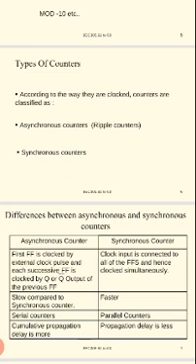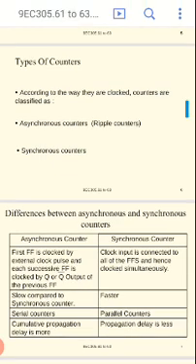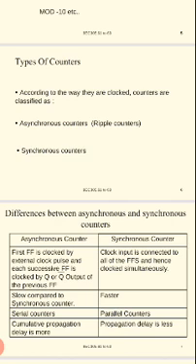Synchronous counters are parallel counters. In asynchronous counters, cumulative propagation delay is more. Propagation delay is less in synchronous counter.